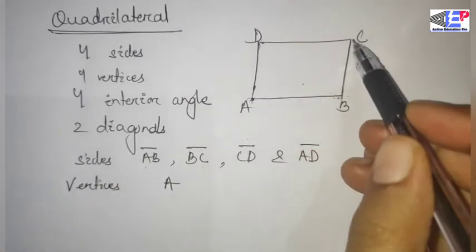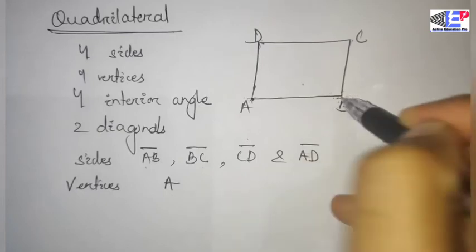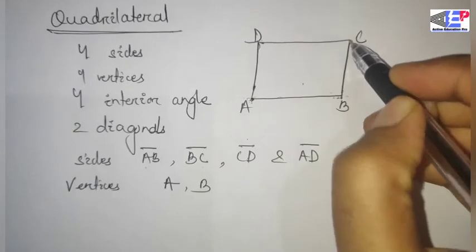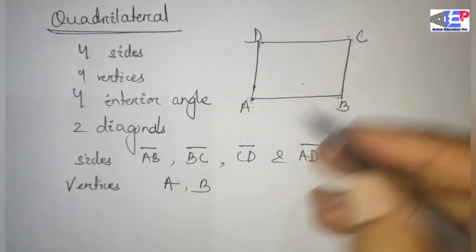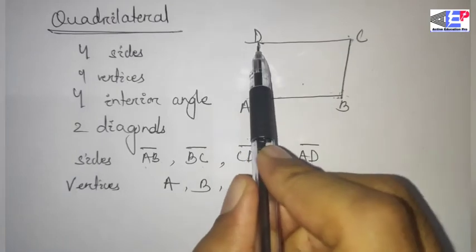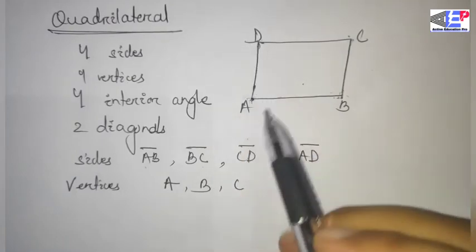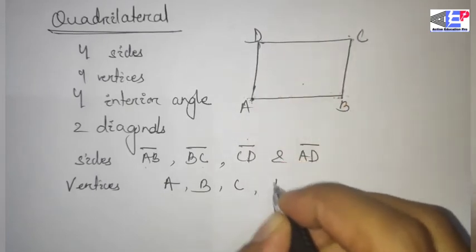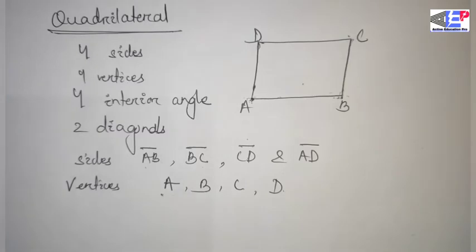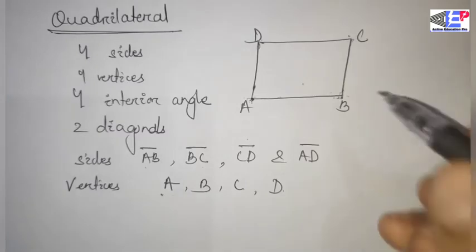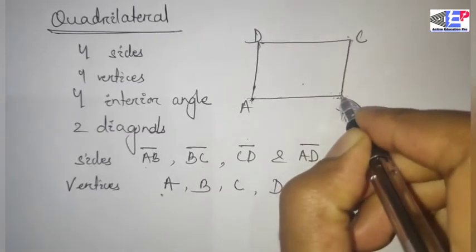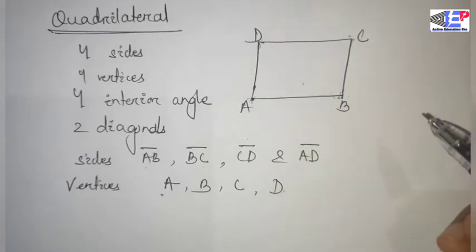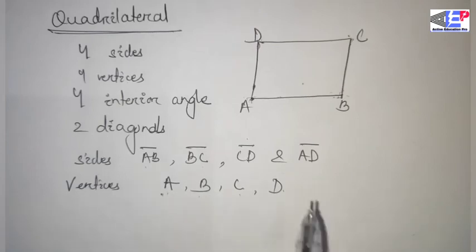Similarly, AB side and BC side make the vertex B, the vertex C is made by the 2 sides DC and BC, and the last vertex D is made by the 2 sides AD and CD. So the vertices are A, B, C, D. Vertices are the points of intersection of these 2 sides.